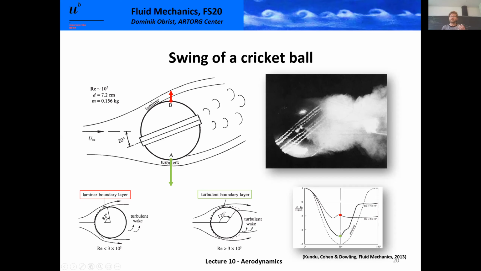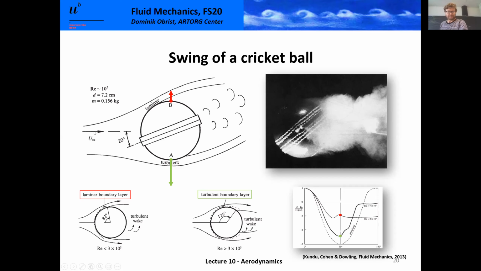And what the cricket players are trying to do, the guy who throws the ball, he's trying to throw it in a way that the suture line is at an angle of 20 degrees to the direction of flight of the ball. So he's throwing this ball without any spin, just straight, such that the suture line is tilted.